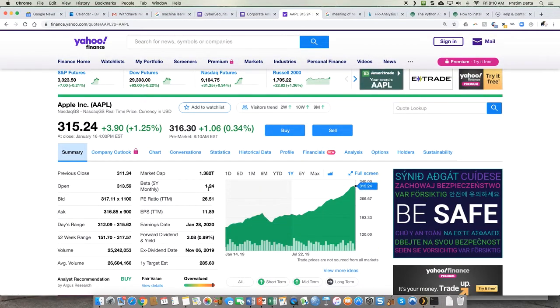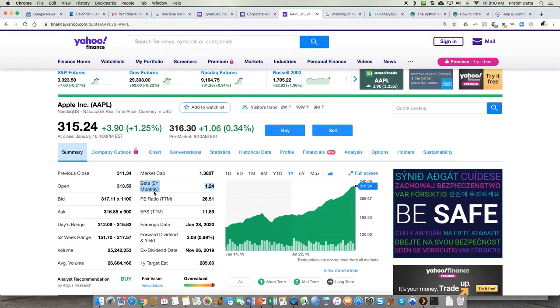So we're trying to understand, all right, how well does Apple do, but how well does Apple do compared to the market? Now, one important thing to remember is something called beta. A beta basically tells you how sensitive a certain financial instrument, in this case the stock, is compared to the market, right?